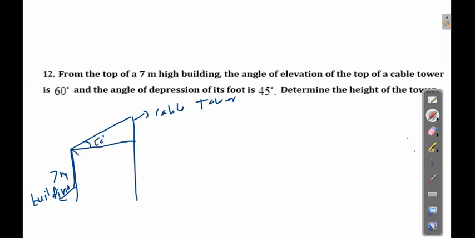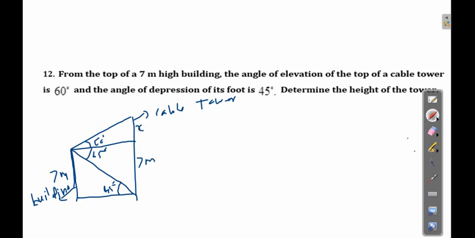Now, the angle of depression of its foot is 45 degree. All of you know what the angle of depression is. It is 45 degree. I told you whenever you see 45 degree, you should always see whether it forms an isosceles triangle or not. The lines are parallel, alternate angles are equal. Therefore, this is 7 meter, and this also will become 7 meter. Suppose this is x.